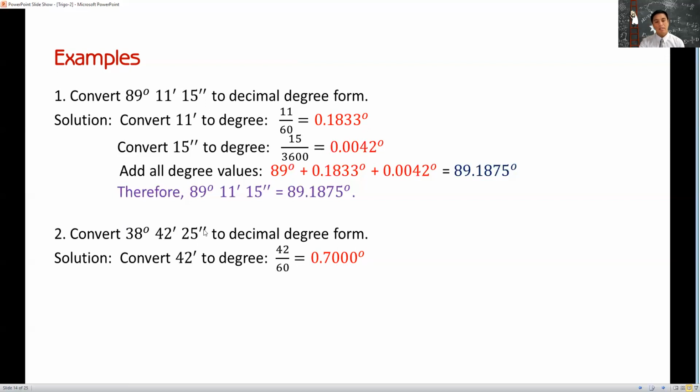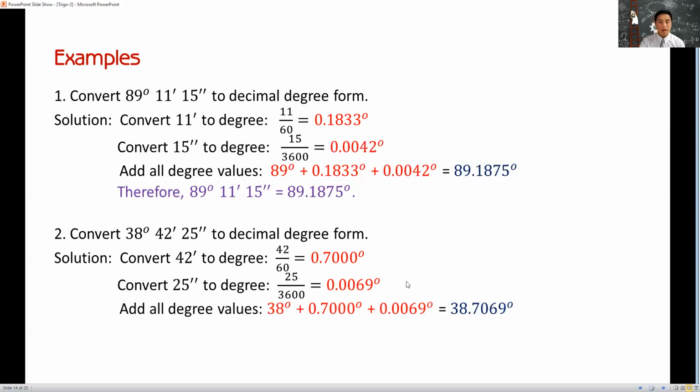To convert the seconds, divide it by 3,600. So 25 divided by 3,600 equals 0.0069 degrees. And then you add all the degree values, 38 degrees here, plus this one, and plus this one, you will get 38.7069 degrees.